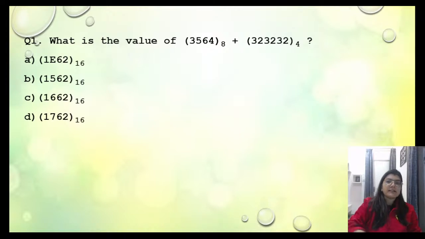So what we can do is convert both the numbers into decimal and then convert it into hexadecimal. That will be quite easy for us. Yes, convert both into decimal and then from decimal convert it into hexadecimal.